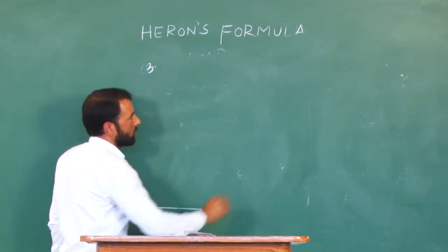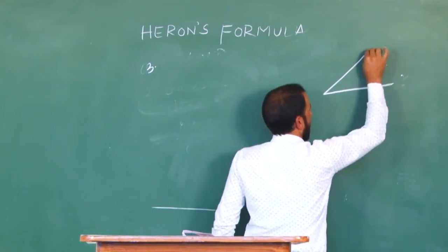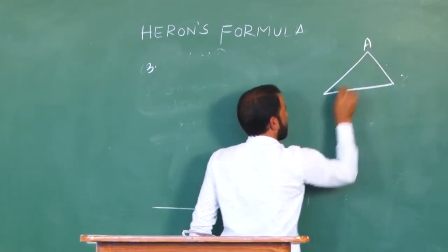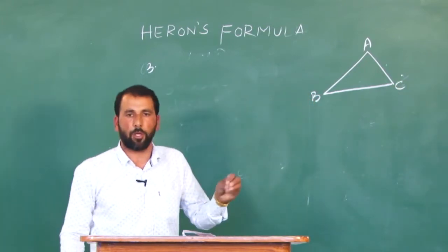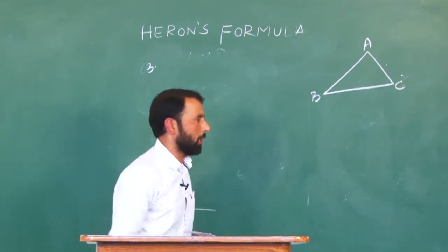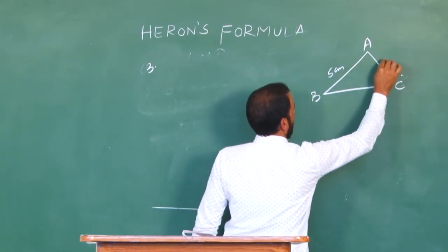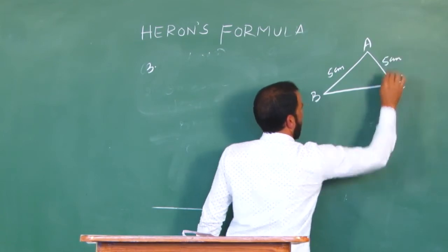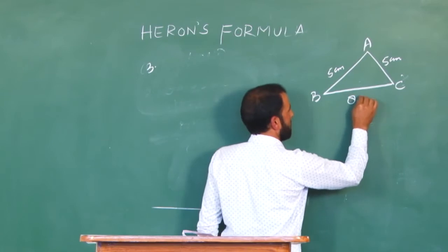Suppose ABC is an isosceles triangle with two equal sides, let the two equal sides be equal to 5 centimeter each, and the base BC is equal to 8 centimeter.